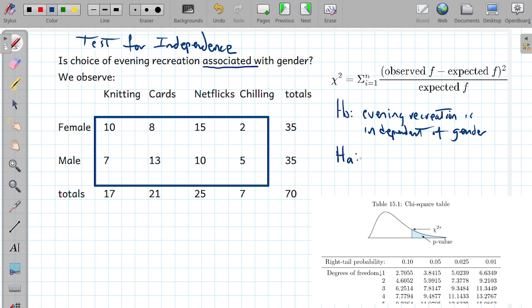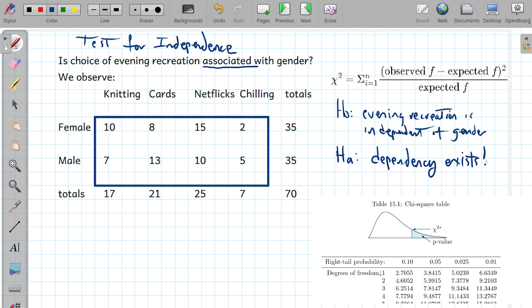So remember, the null hypothesis is there's nothing special going on, hence you're independent. And the alternative must be a dependency. I'm not going to write the whole thing again. I'm just going to say a dependency exists. Whatever the level of significance is, we'll figure that out later.